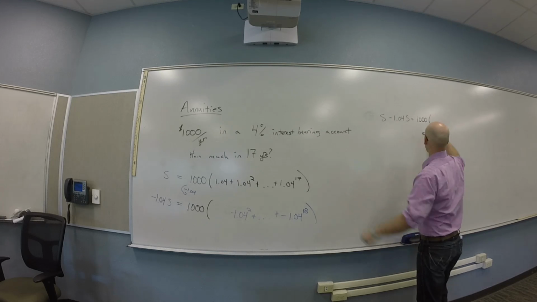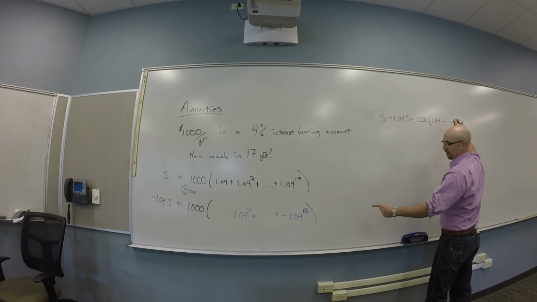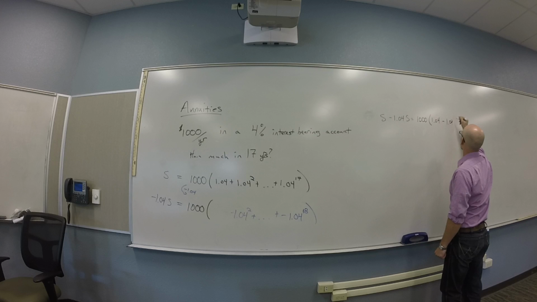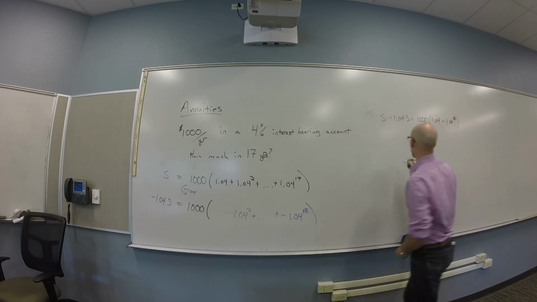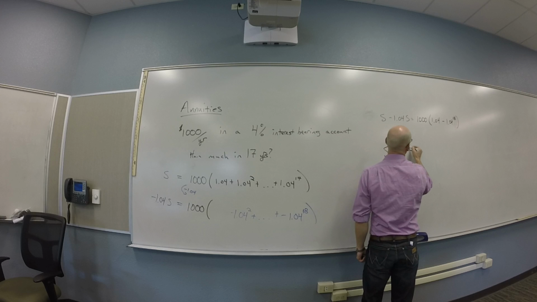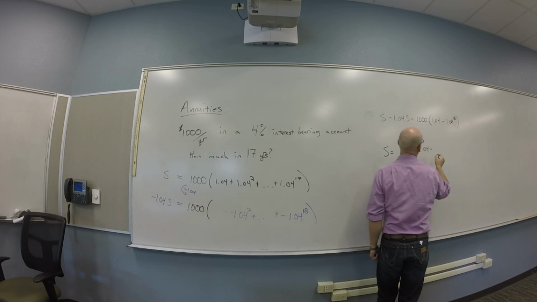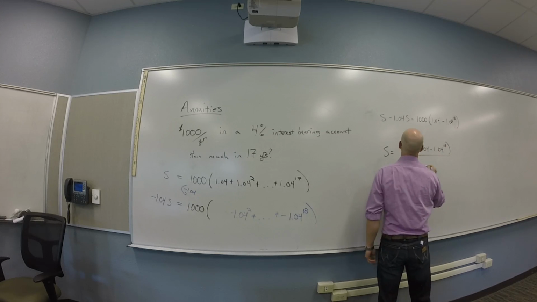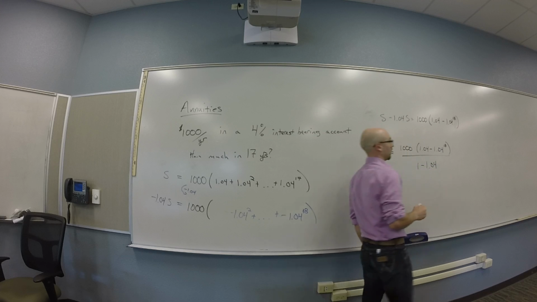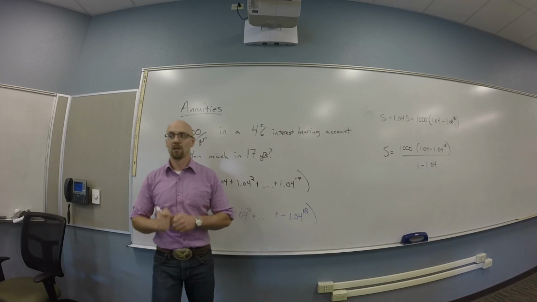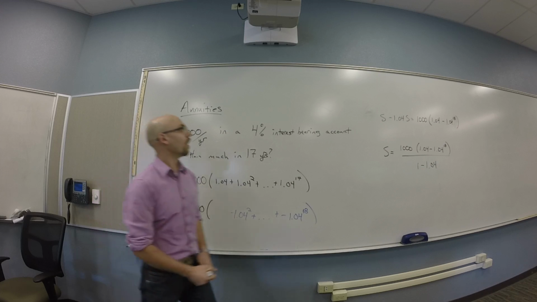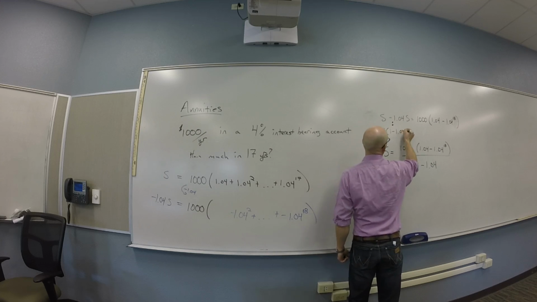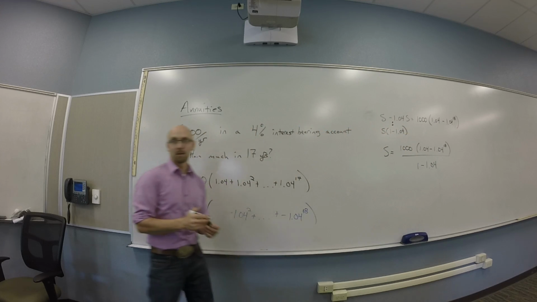And then the first term's 1.04, minus 1.04 to the 18th. So S is 1,000 times 1.04 minus 1.04 to the 18th all over 1 minus 1.04. Where'd the second S go? Oh, I thought about this as S times 1 minus 1.04. Oh, okay. Right, I factored and then divided it.